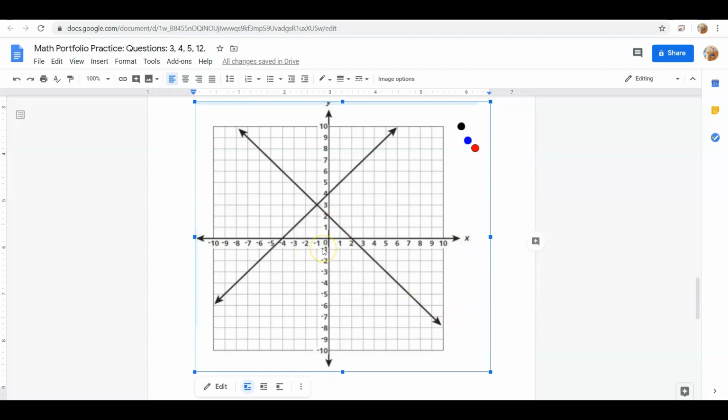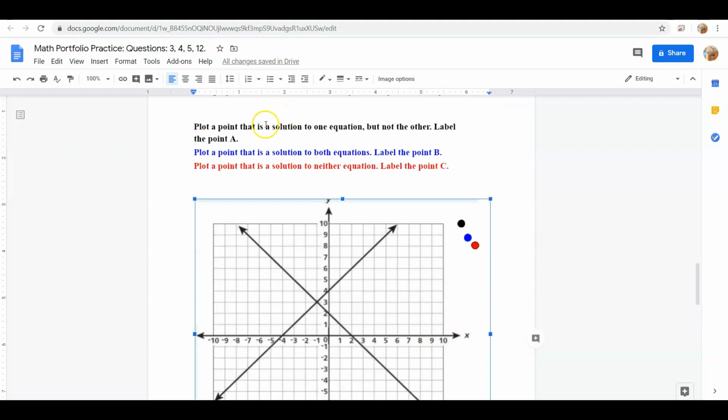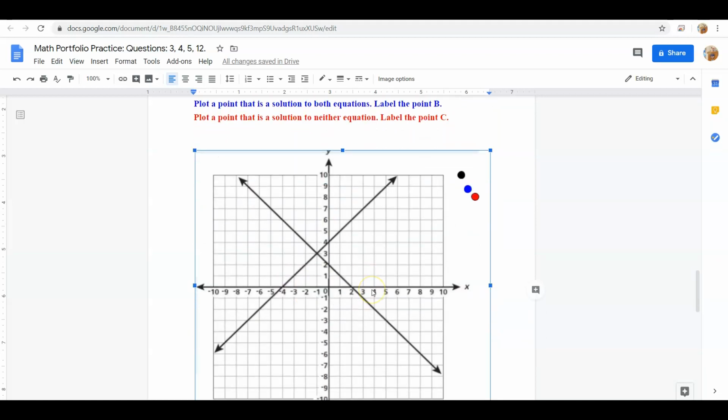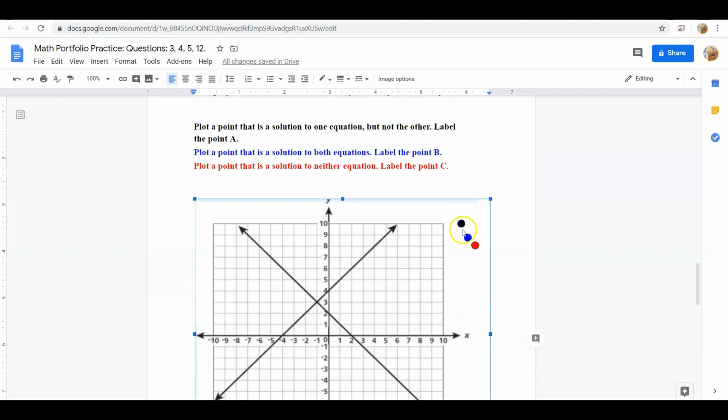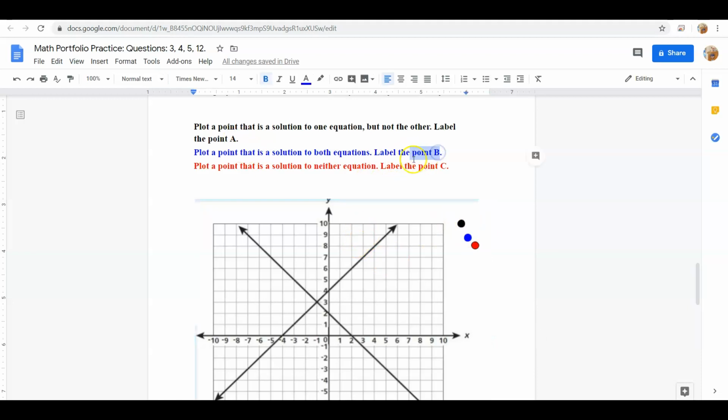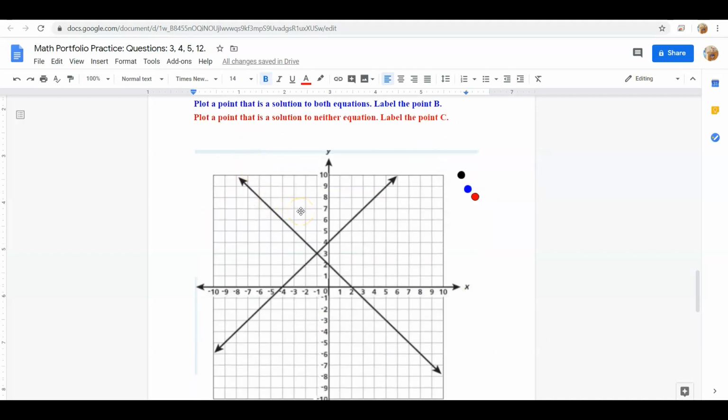So when you graph a point that is a solution to one equation but not the other, you can either label it A, or color coordinate your dots. So if you put the black dot somewhere, I'm going to know that's A. And if you put the blue point somewhere, I know that's B. And you put the red point somewhere, I'm going to know that's C. And depending on your teacher, they'll tell you how to label them. For my class, I want you guys to use this color system.